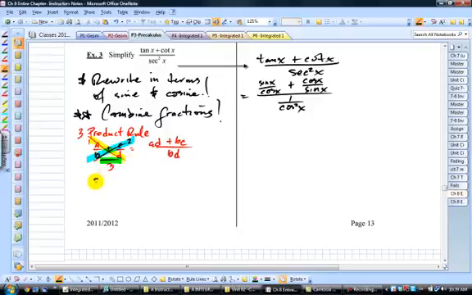If I added 2/3 plus 1/5, 2 times 5 is 10, plus 3 times 1 is 3, divided by 15, you get 13/15. First product, second product, third product. So again, step 1, step 2, step 3. Multiply, multiply, multiply. And it works for all fractions.